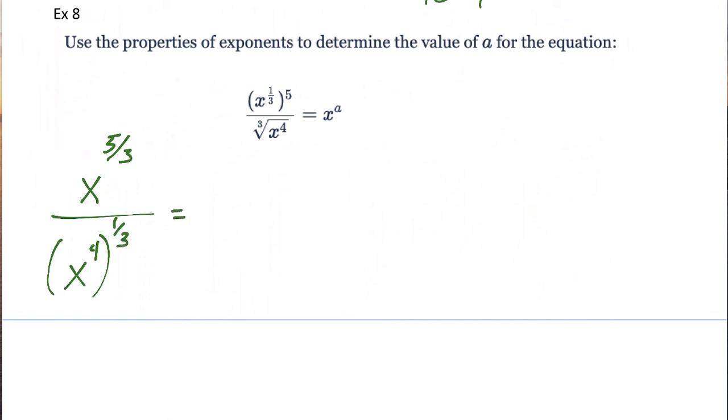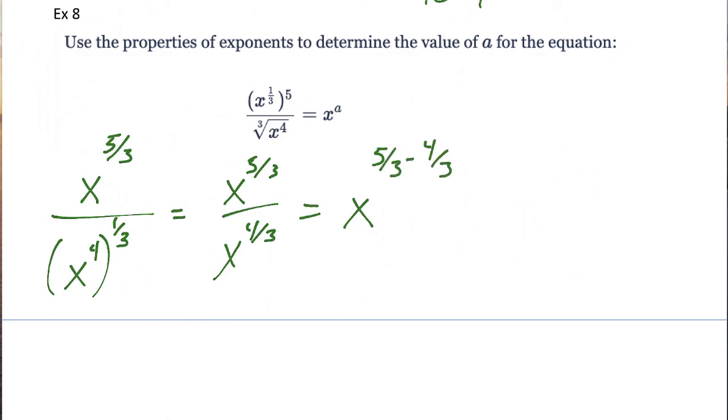Or together, x to the 5/3 divided by x to the 4/3. Well, now we subtract those exponents using that rule. We got x to the 5/3 minus 4/3, which is x to the 1/3. So a is 1/3.